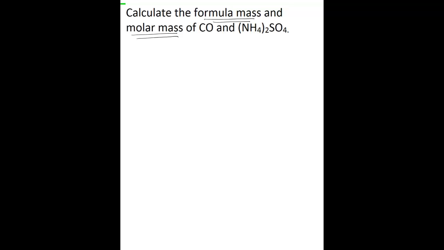So the formula mass is also known as the molecular mass or molecular weight, and it's defined as the average mass of a molecule or formula unit if you're dealing with ionic compounds. And it's expressed in units of AMU, or atomic mass units.